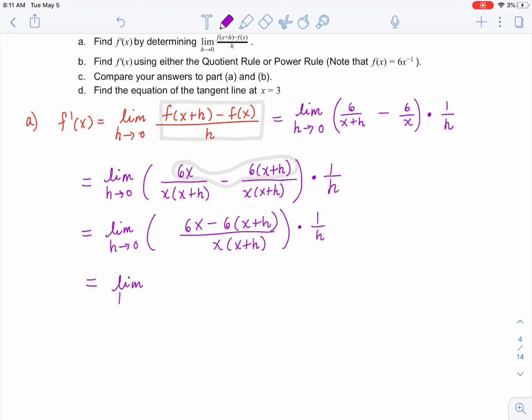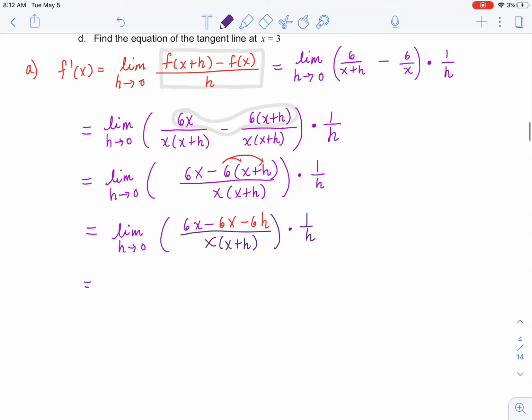Okay, let's simplify the numerator. 6x minus, now be careful, we're distributing negative 6: 6x minus 6x minus 6h, right? All over x times x plus h times 1 over h. We're almost done.